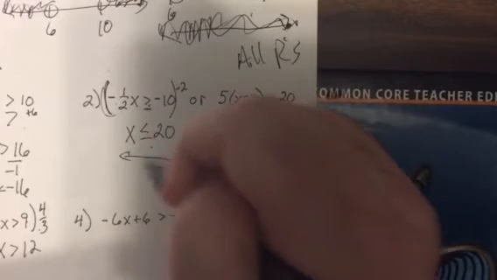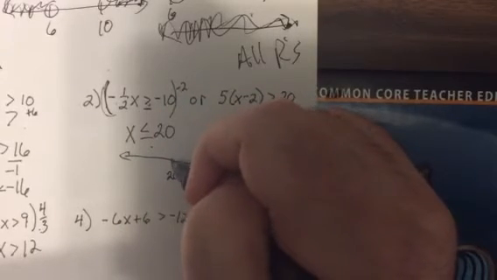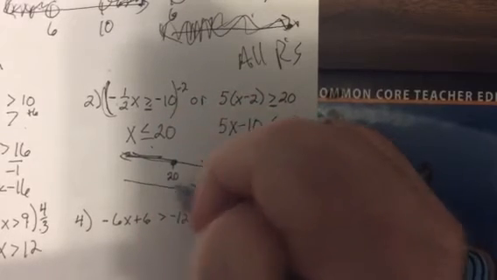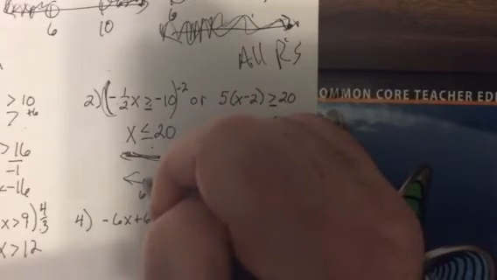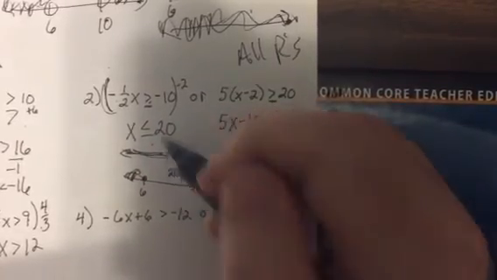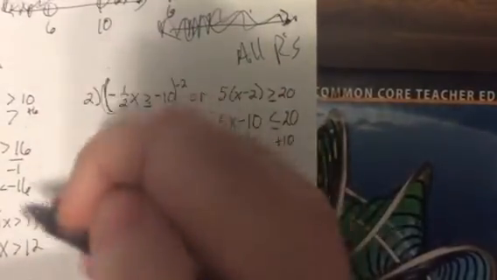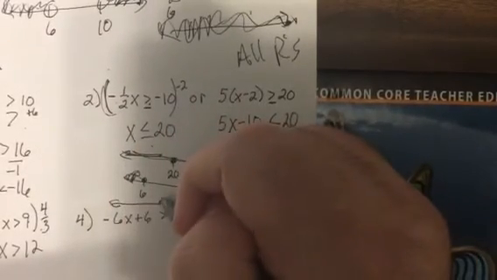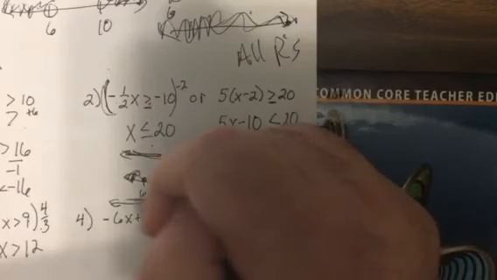So here's less than or equal to 20. Less than or equal to 6. Now it's always the longer one for OR because this takes care of this. So my final answer is everything less than or equal to 20.